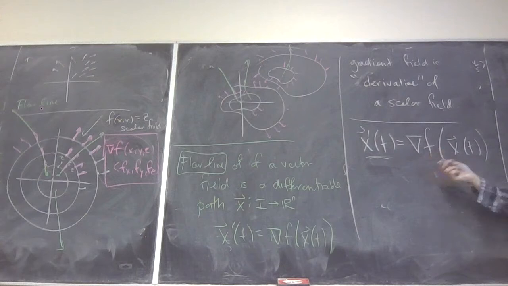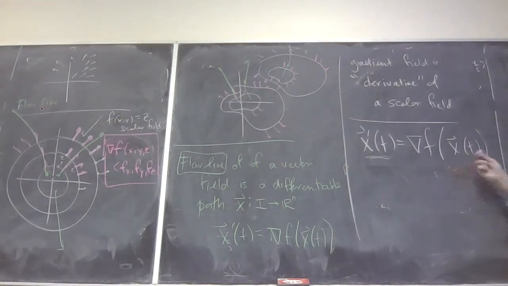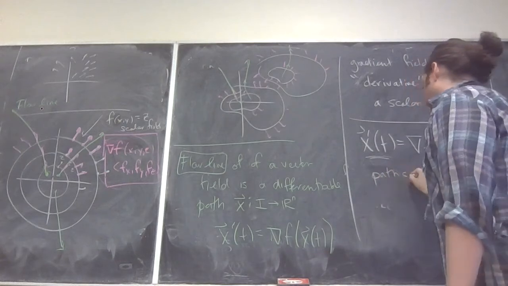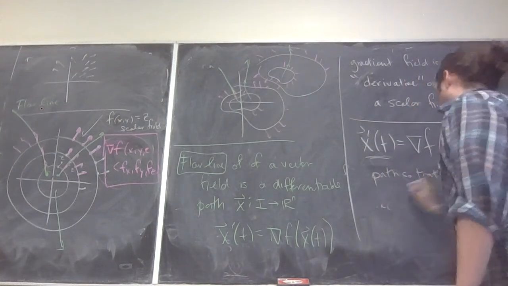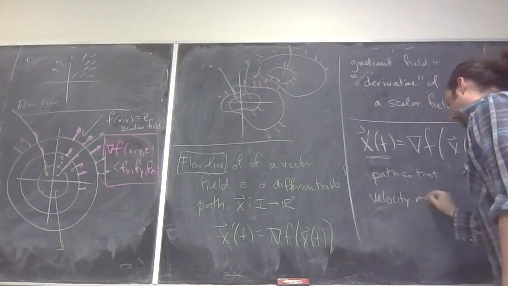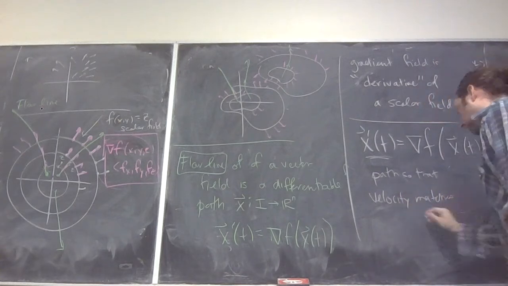This is set up to guarantee that the velocity and the gradient match each other. It's not just that the directions match, it's that the velocities match too. So this equation guarantees that you have a path so that the velocity matches the gradient.